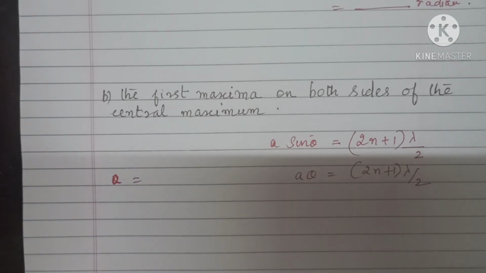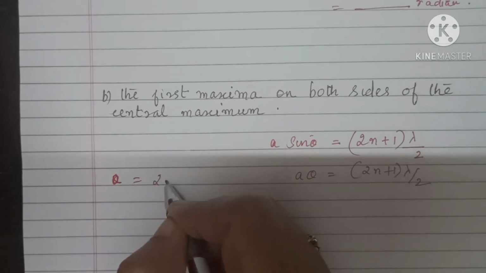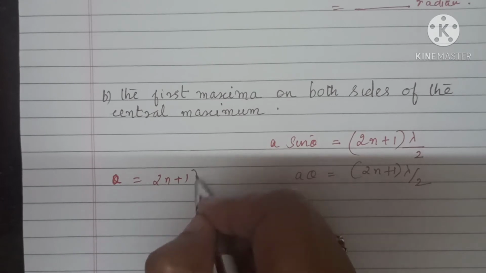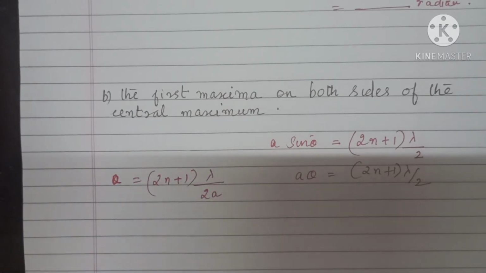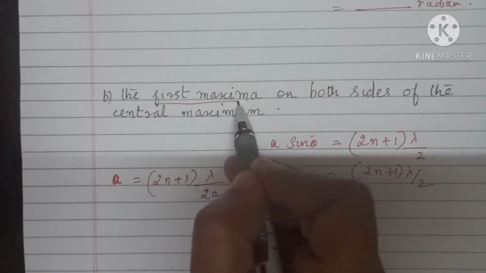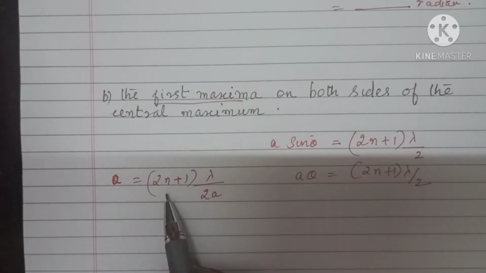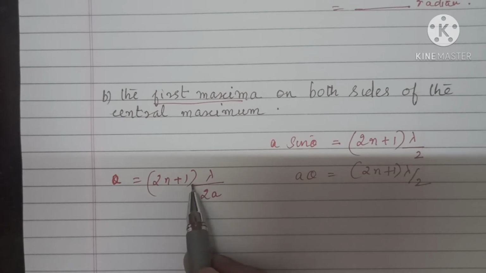Theta will be 2n plus 1 lambda by 2a, isn't it? Now here it is the first maxima, that is n equal to 1. So 2 into 1 plus 1, that is 3 lambda by 2a.